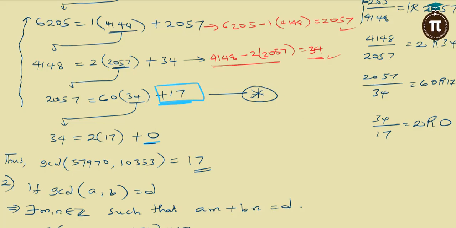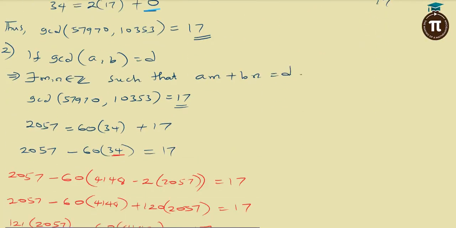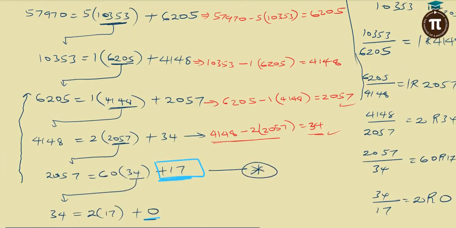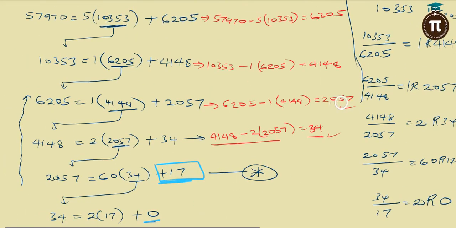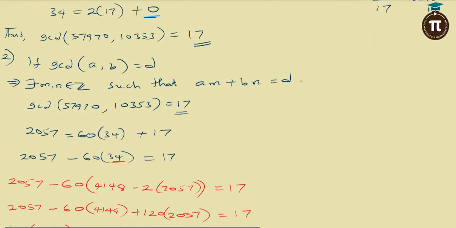So we will come here again. That is the next remainder we want to use. You will have to substitute this remainder. That's why we made them subject of formula. So anywhere you see 2057, put 6205 minus 4148. So we have to come here.